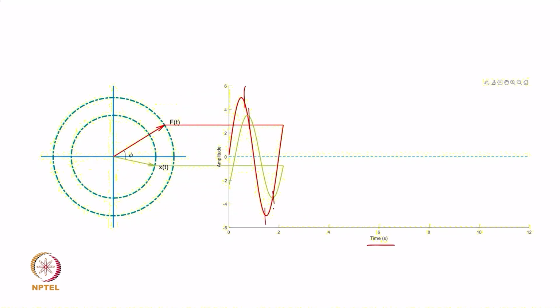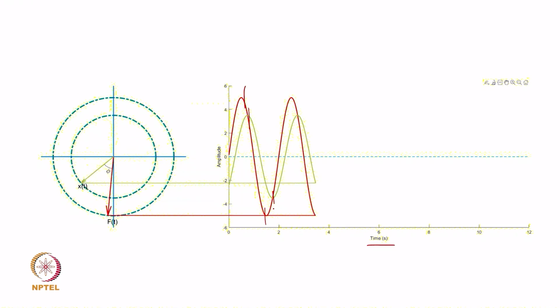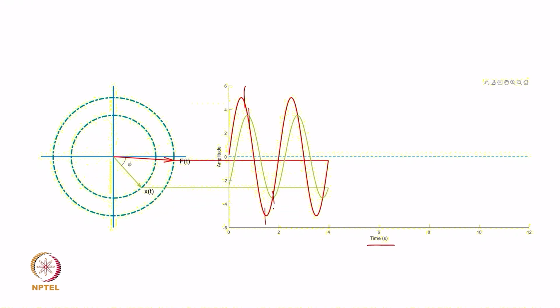In this case also they reach their peak values at different instants of time. Displacement is always following the force; that is how it tries to catch up with the force. The force leads the response vector by an angle phi, and we have derived the expression for that phi, which was given by this.